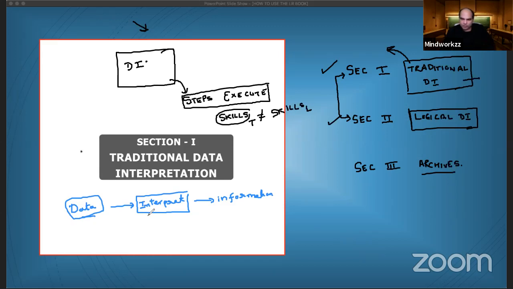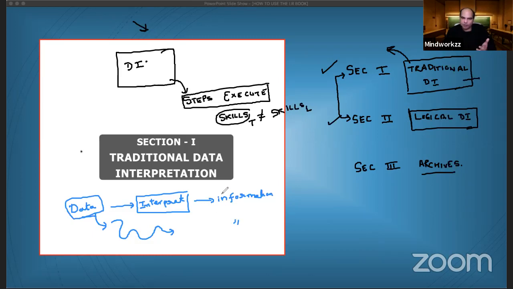But if you look at logical DI, the data has to be manipulated, twisted and turned, and taken through steps and a series of thoughts to get to the point where you can extract the information.